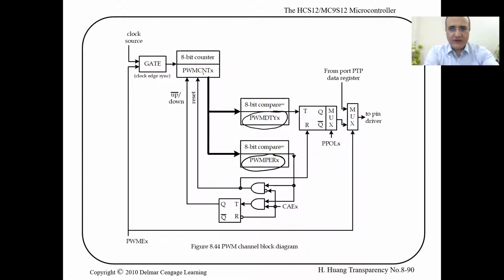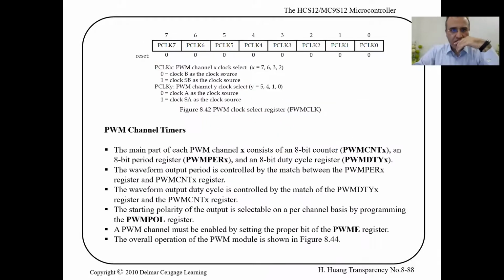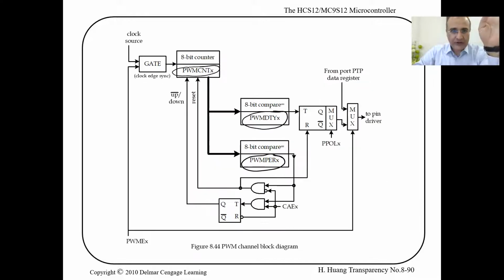And it is based on a timer subscaled from a clock, okay? We call it clock A, clock B, and sub A, sub B. We'll talk about the clocks, but there is a clock counting here, that we can control its speed, an 8-bit counter.